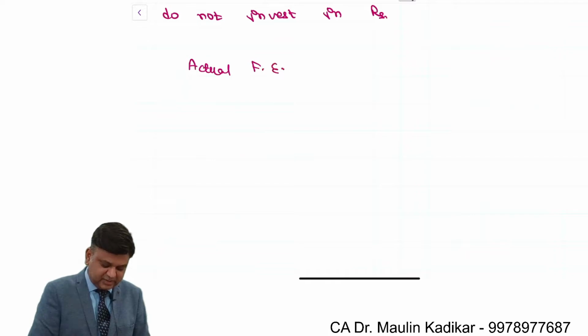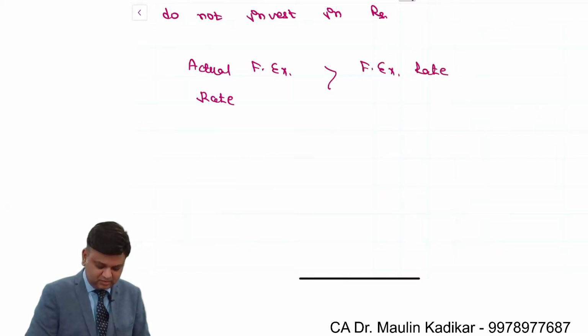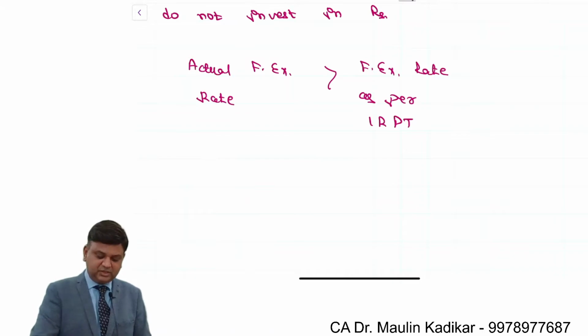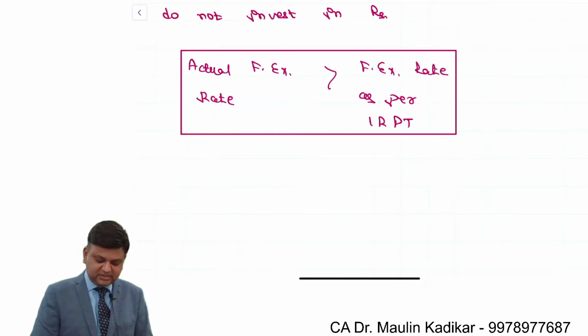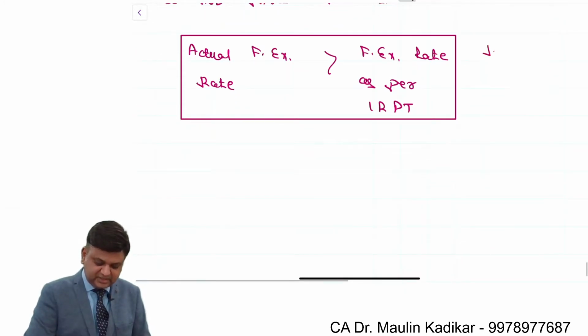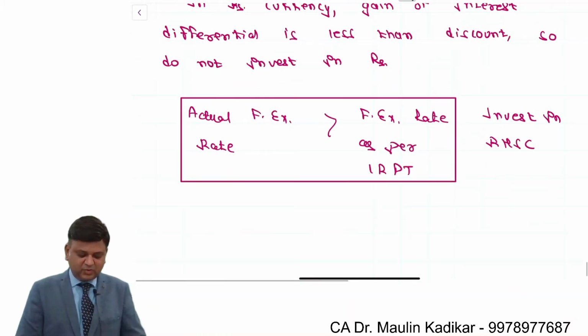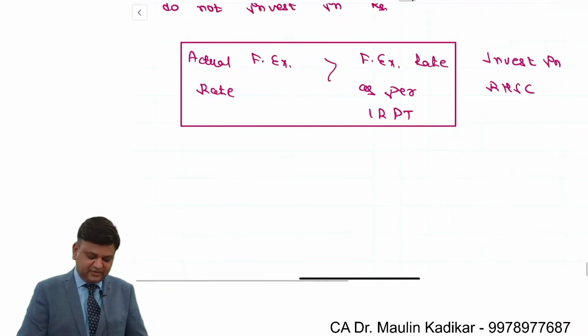Actual forward exchange rate is greater than forward exchange rate as per IRPT. If the things are like this, then in that case, invest in right hand side currency. This is a small conclusion that you can always have.